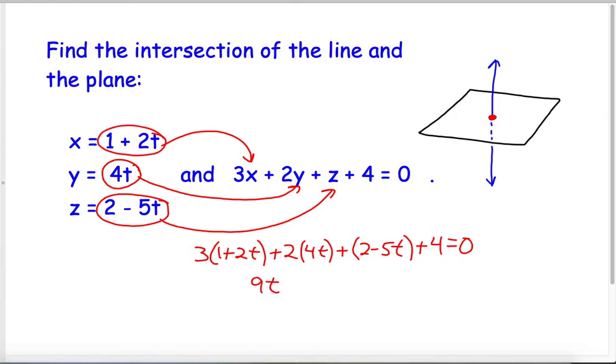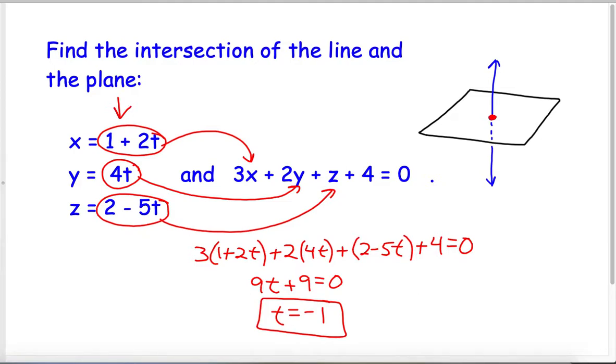And then 3 plus 2 is 5 plus 4 is 9 equals 0. Solve for t, we get t is equal to negative 1. So this tells me that when t equals negative 1, I'm going to get a point on this line that should satisfy both the line and the plane.